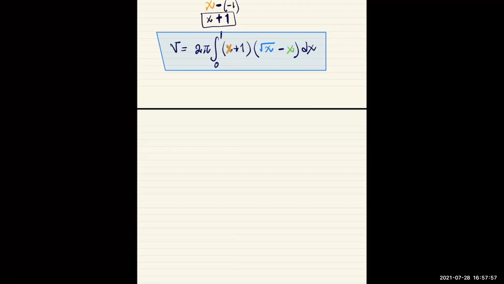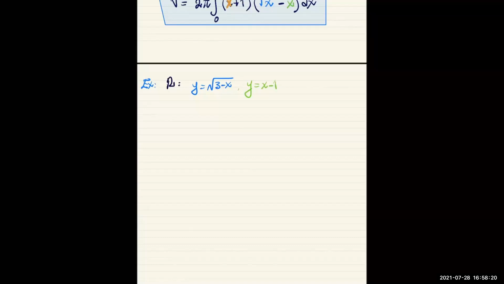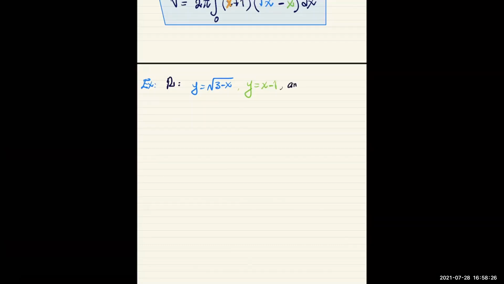Okay, so we have a region bounded by the graphs of y equals the square root of 3 minus x, y equals x minus 1, and y equals 0.